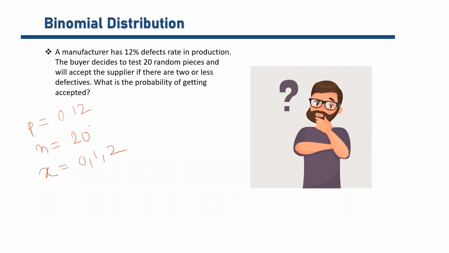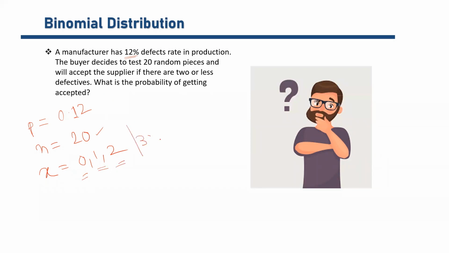Those who have not understood, we are trying to test whether the defect rate is 12%. There is a buyer who decides to take 20 random samples, so N is going to be 20. And accept the supplier if there are 2 or fewer defective. It might happen that none of them are defective, or 1 is defective or 2 is defective.